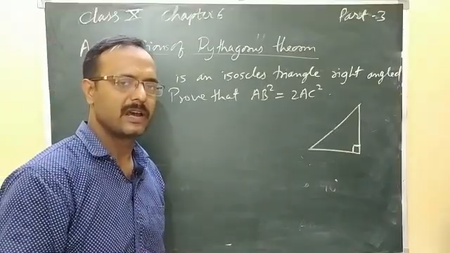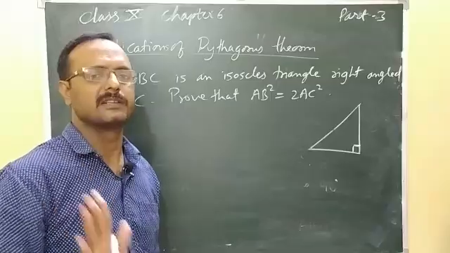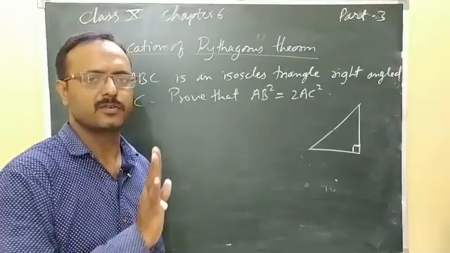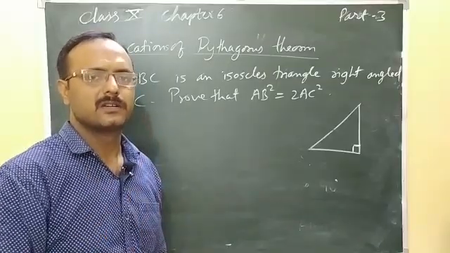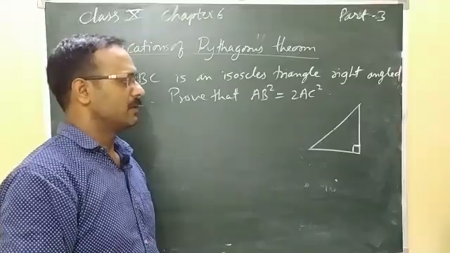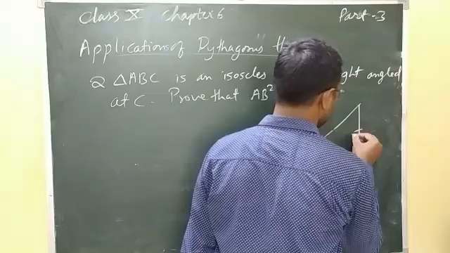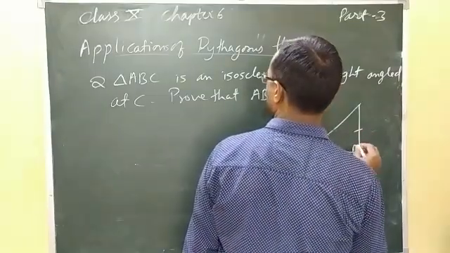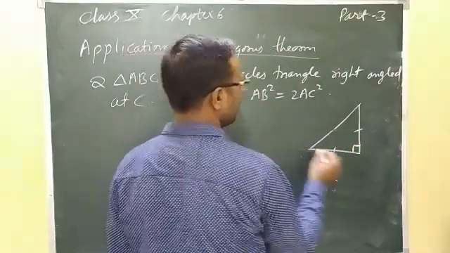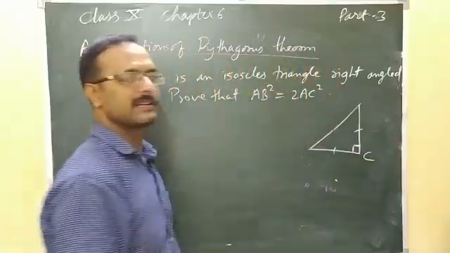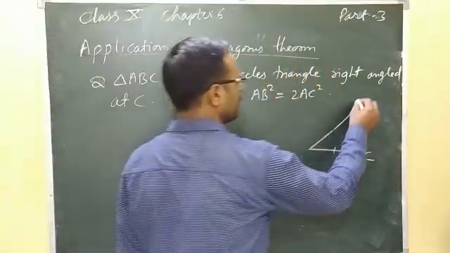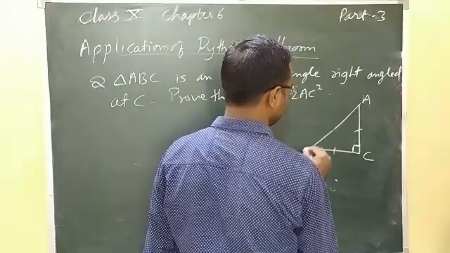We know that hypotenuse is never equal to other sides. So the other two sides can be equal. So we can take these two sides as equal, and it is written that it is right angle at C. The C point will be at 90 degree. Other 2 points will be here, A and B.